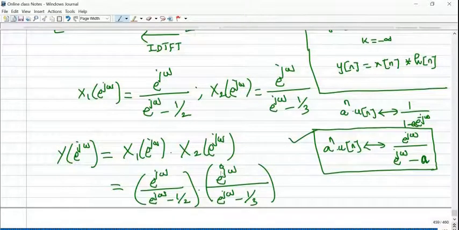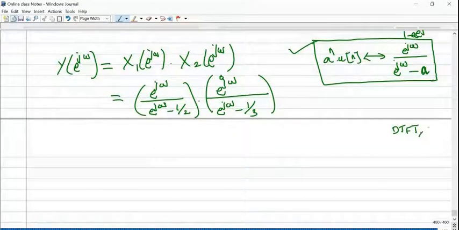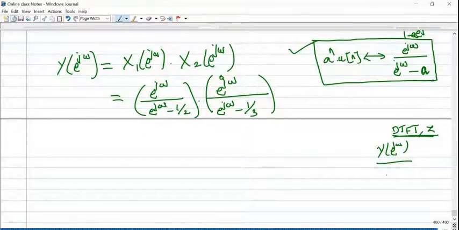Now we have to do the partial fraction method. And please remember, while solving DTFT and Z transform by the partial fraction method, we always keep one e power j omega on the left side of the denominator.